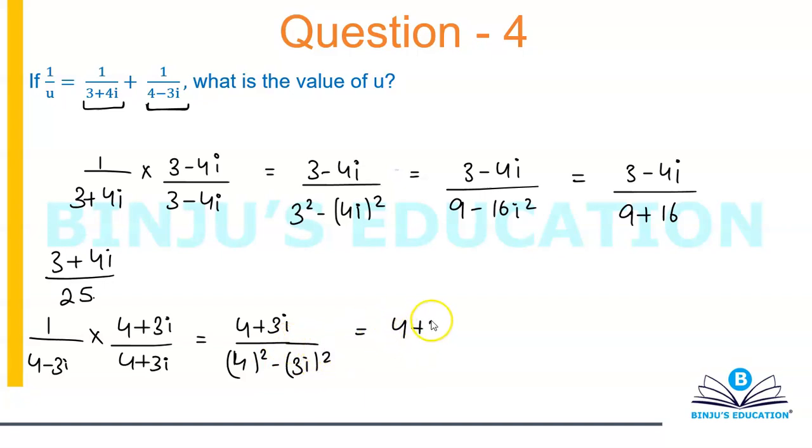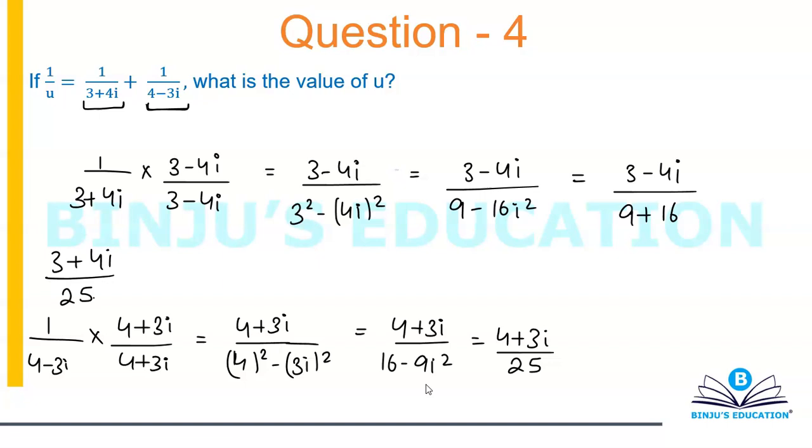This is 4 plus 3 iota divided by 16 minus 9 iota square. So this is 4 plus 3 iota divided by 25, because iota square is -1. 16 minus 9 into -1 will again become 25.